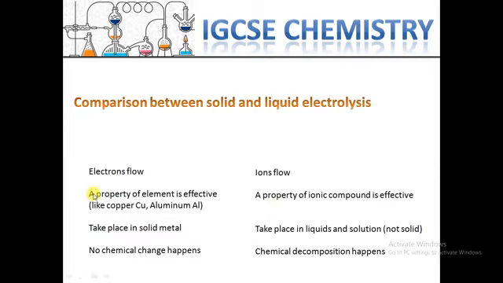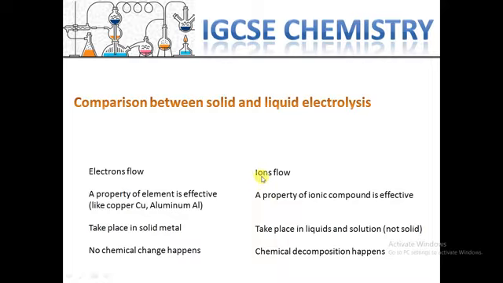The type of element matters, like copper or aluminum, which are very good elements for wire. It happens in a solid metal and no chemical change happens.